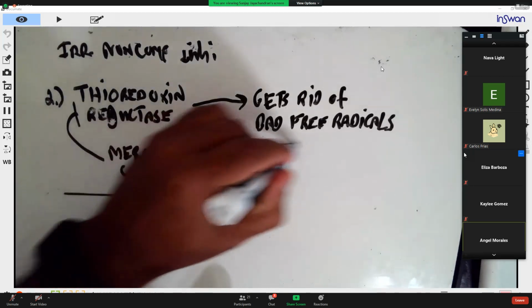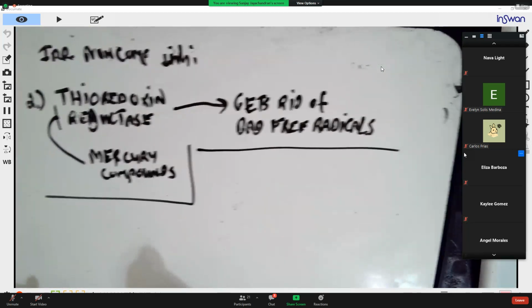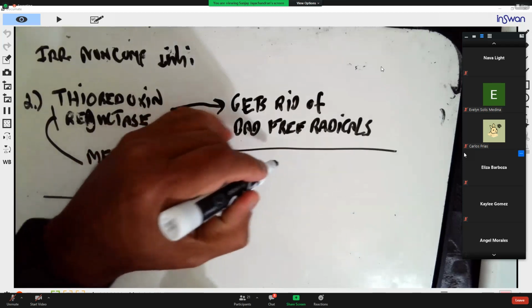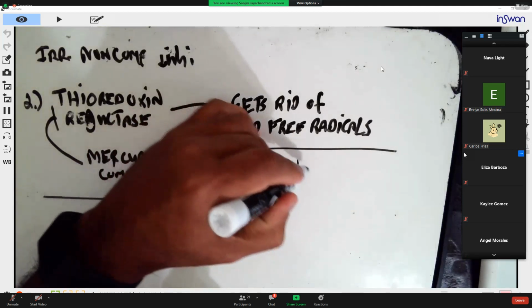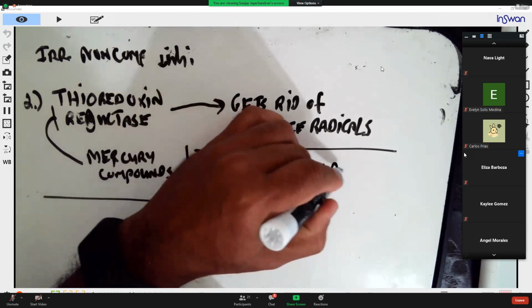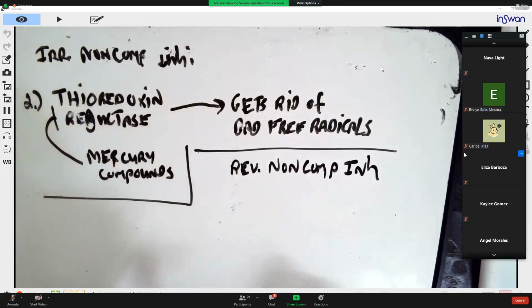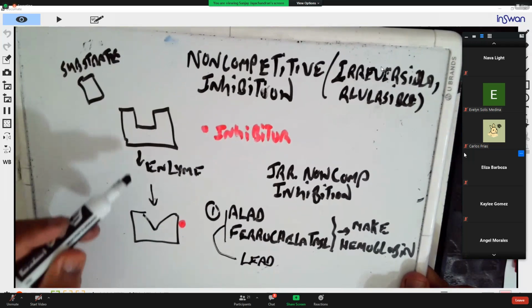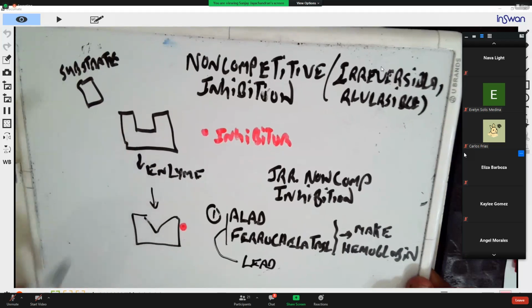Yes. Okay, so now we're going to take an example of reversible non-competitive inhibition. So in reversible non-competitive inhibition, this pops back off and the enzyme goes back to its original shape. Okay.